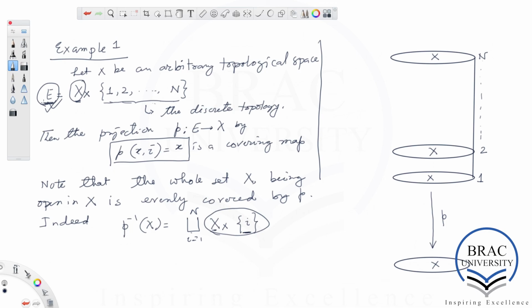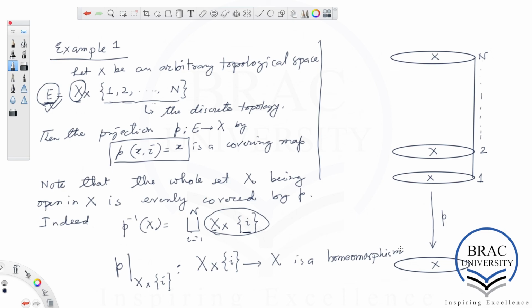So each of these slices is an open set in E, and P restricted to each of these slices, X cross the singleton i, is obviously a homeomorphism from X cross the singleton i to X. Good. So this is the first example of a covering map.